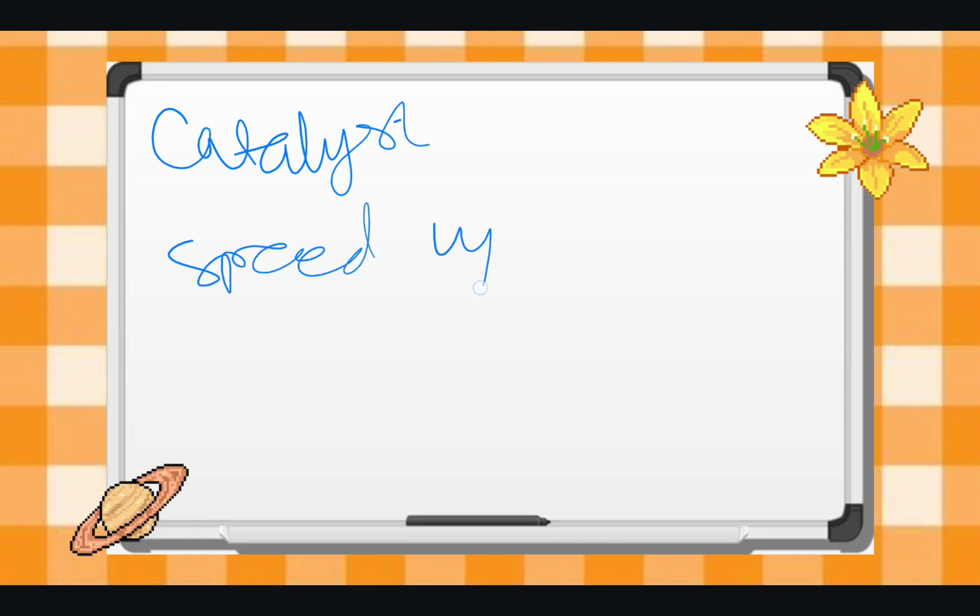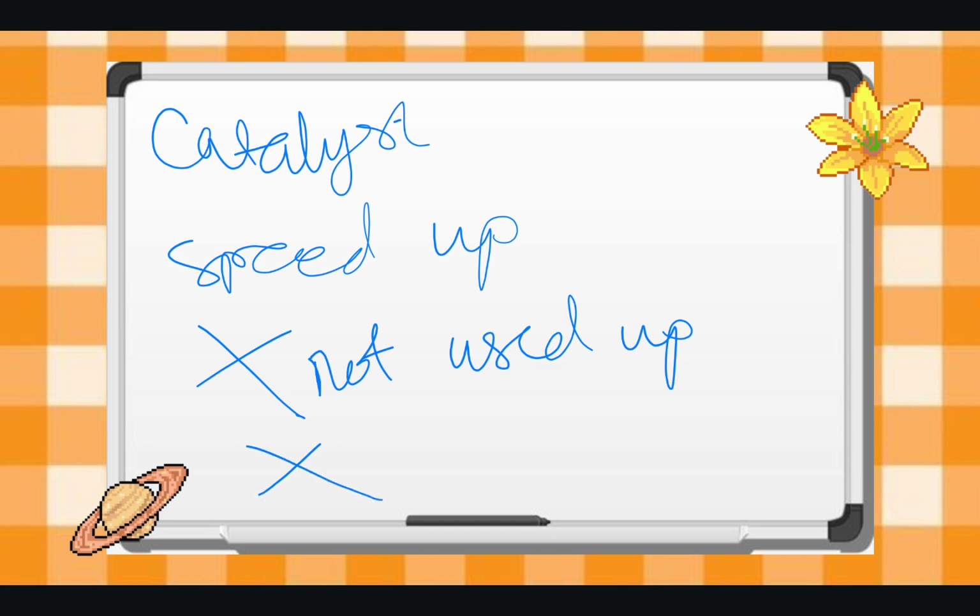Okay, now our final factor is catalyst and the presence of it. Catalysts are substances that speed up a reaction, but they don't get used up, and they don't change the reaction itself.